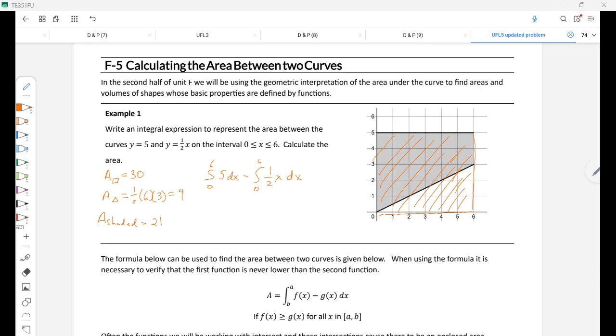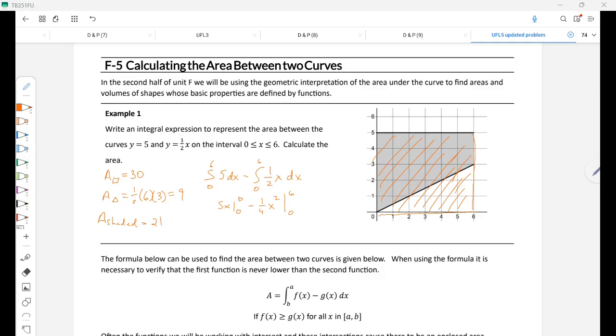So we end up with 5x evaluated from 0 to 6 minus 1/4 x squared. I was about to cancel the 2's, but I realized that was going to give me way too big of a number. So 1/4 x squared, from 0 to 6.